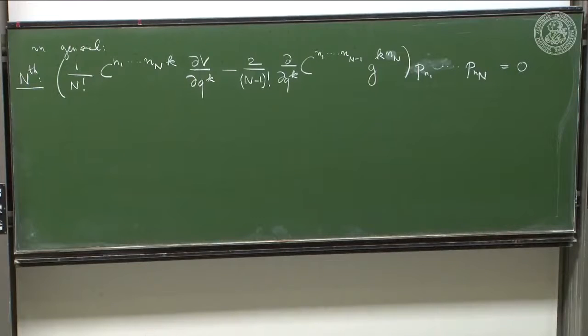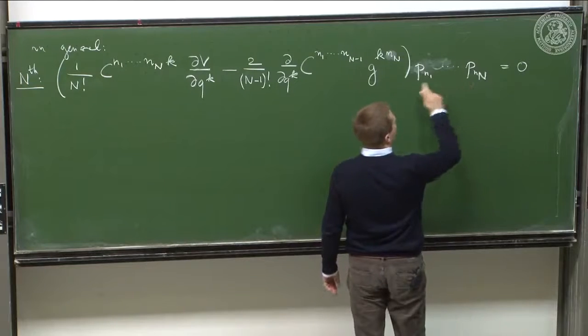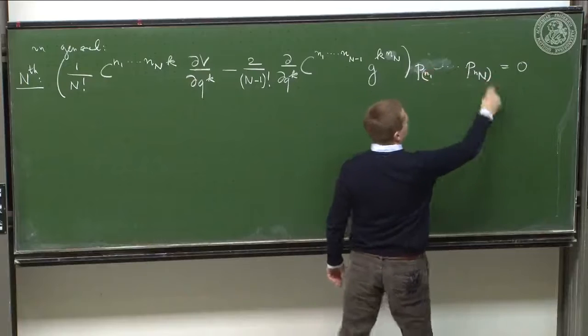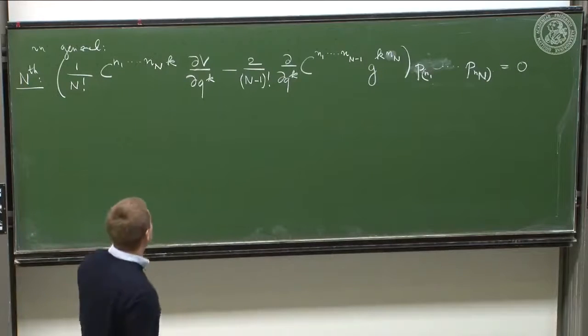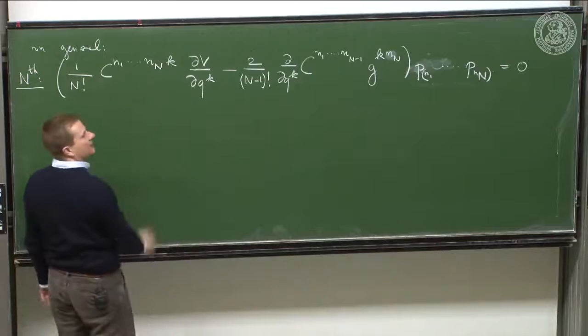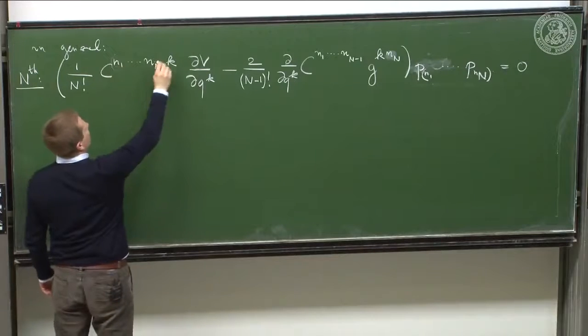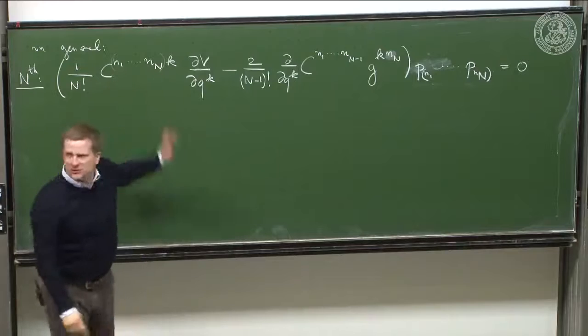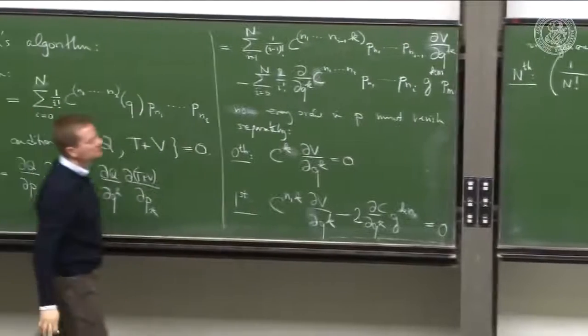I pointed this out in the last problem class, or second last problem class. Well, because this is the same P, just different components, this is symmetric in n1 to nn. This symmetry will be imposed on the factor automatically. So we have it here, but this C is symmetric from the beginning. So I should have said, well, I indicated it. They're symmetric anyway, also by the same token.